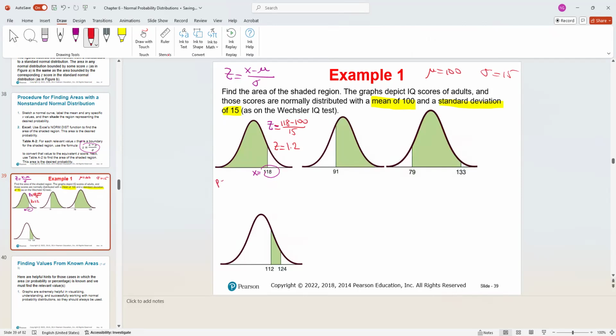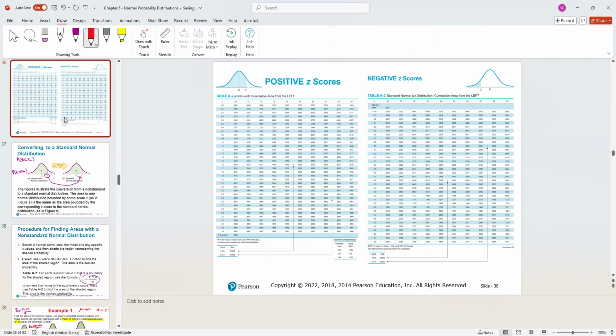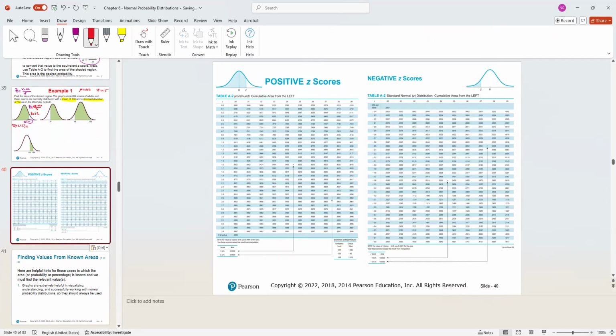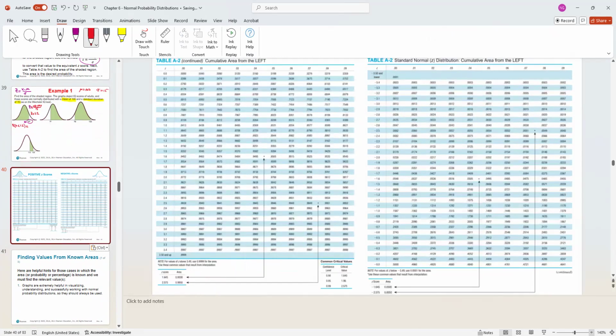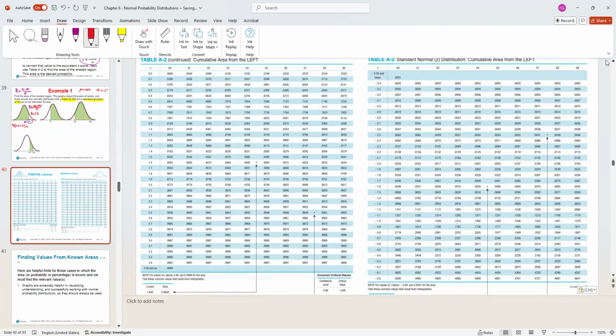So that means we're looking for the probability that z is less than 1.2. Remember, you will need to take exactly what you find in the table. Let me bring the table down here so you can see. What is 1.2 for z?